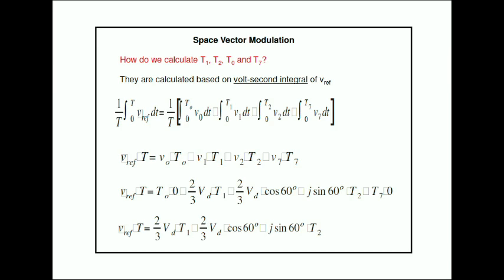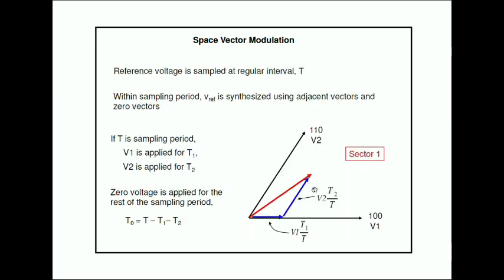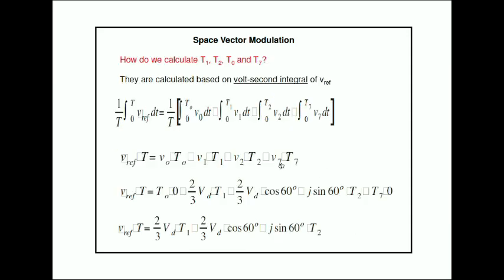So if we are finding the average, 1 by T integral 0 to T V reference dt, this is our V reference, we are finding the average of this. So it is equal to 1 by T, whole bracket, integral 0 to T0 V0 dt plus 0 to T1 V1 dt plus 0 to T2 V2 dt plus 0 to T7 V7 dt.